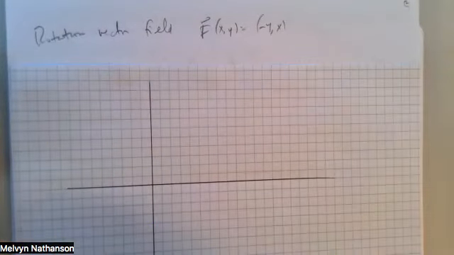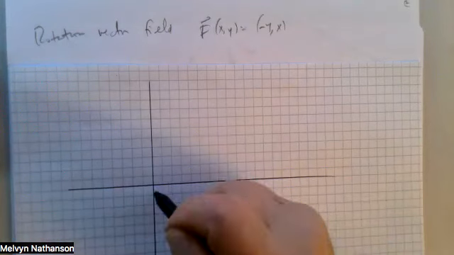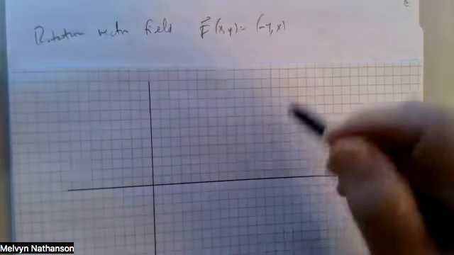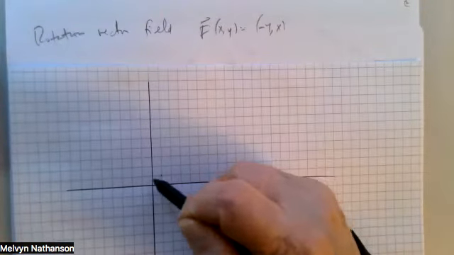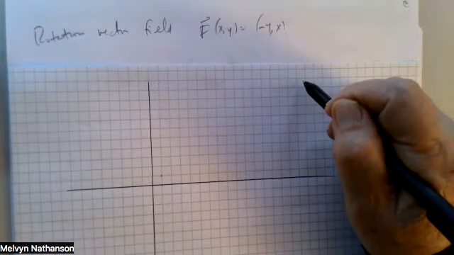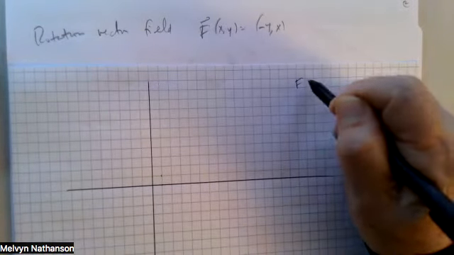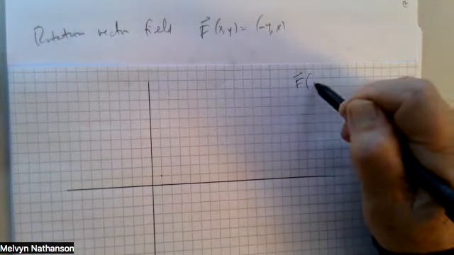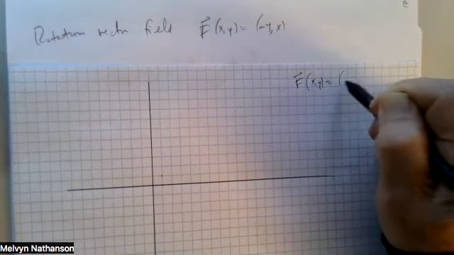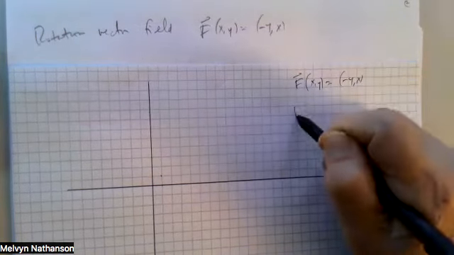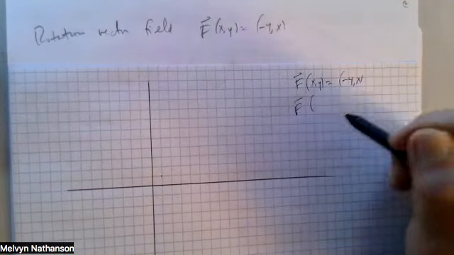Okay. So here we have R2. So this is the point 1, 1. So if we have the vector field F of xy equal to minus y, x, let me start here.